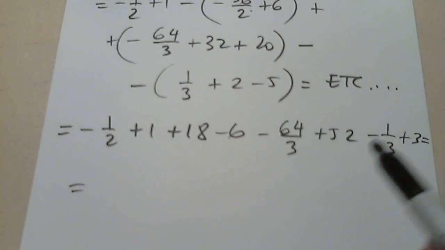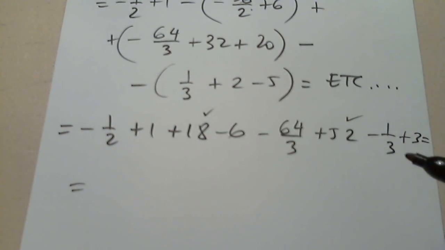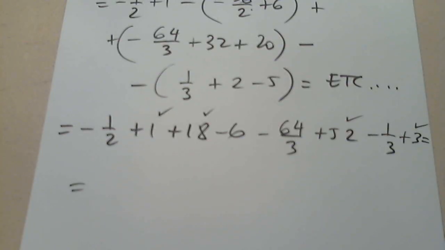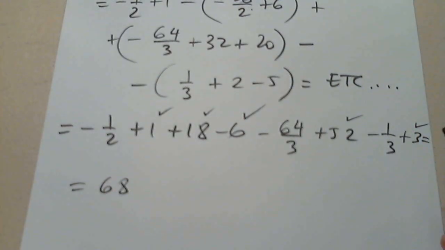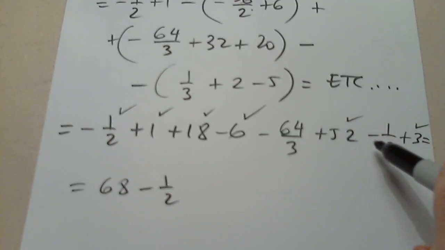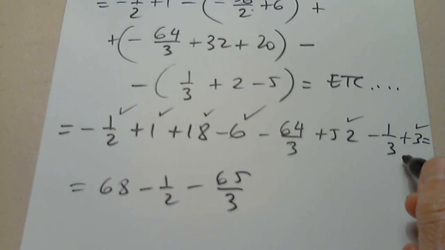Okay, let's see what I have here. 52 plus 18 is 70. 74. 68. Minus 1/2. Here I have negative 65 over 3.